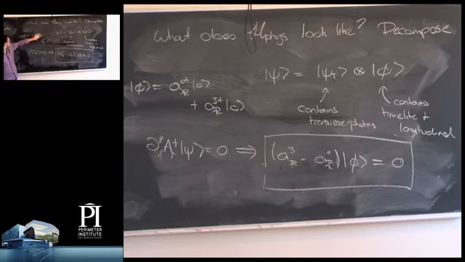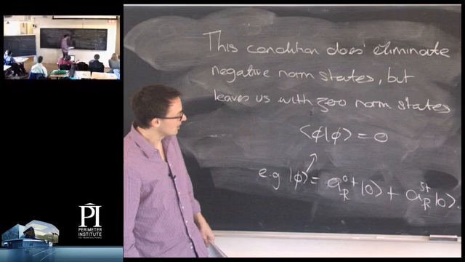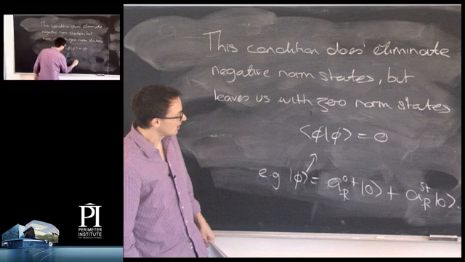This one has norm -1, and this one has norm +1. So the total thing has norm 0. Let me write that down: psi equals A_p^0 dagger |0> plus A_p^3 dagger |0>. So there's an example of such a state.